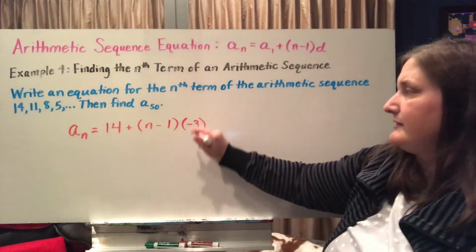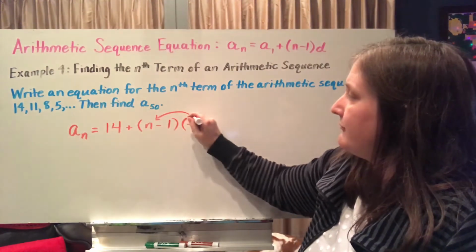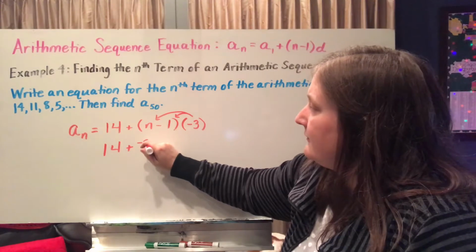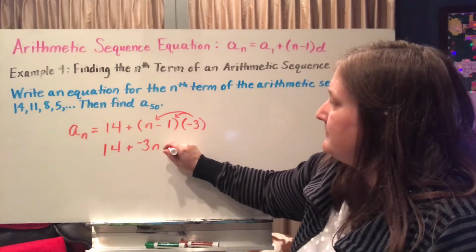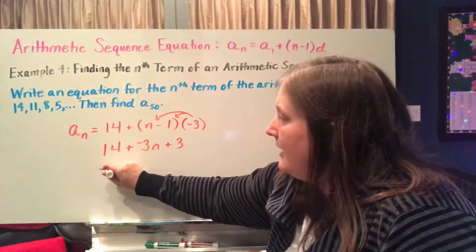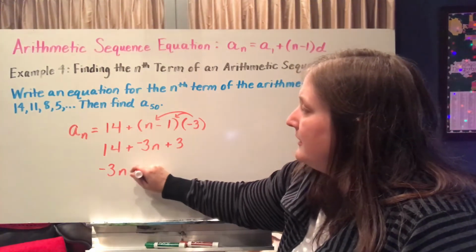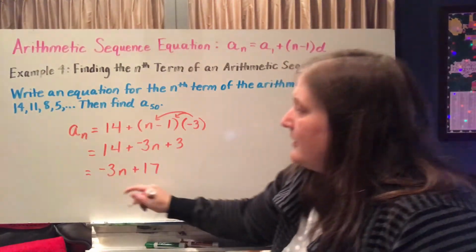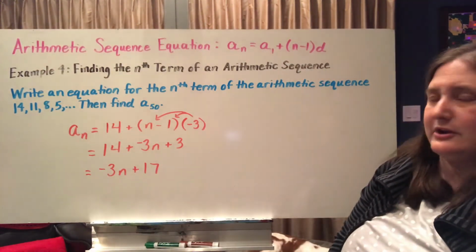So I'm going to simplify this a little bit. I'm going to distribute my -3. So I'm going to have 14 plus -3n plus 3. And I can combine my 14 and 3 here. I'm going to have -3n plus 17. So here is my final equation here.